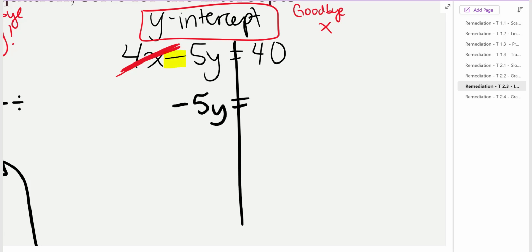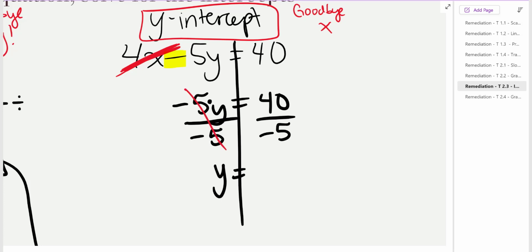Do not forget the negative. Okay, this is multiplication. The opposite is division. And we're going to eliminate negative 5. Goodbye, negative 5. Again, you can use a calculator. That line means division. So the answer is negative 8.